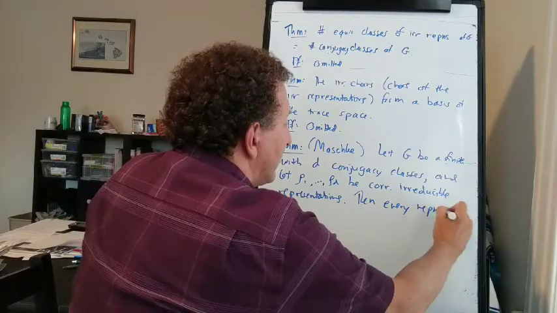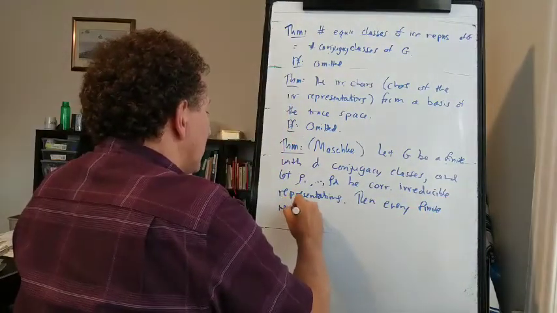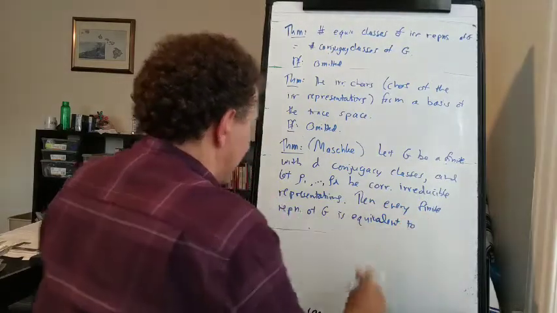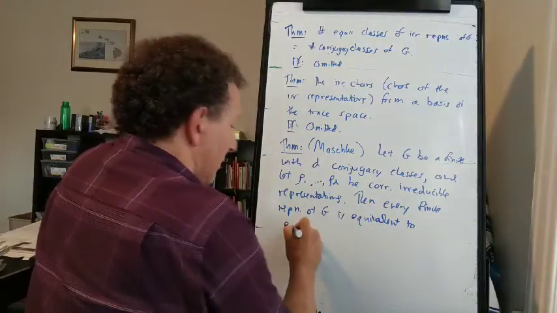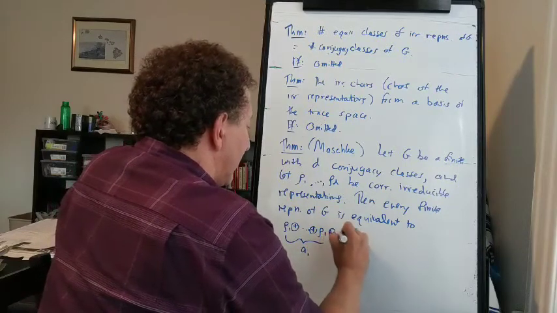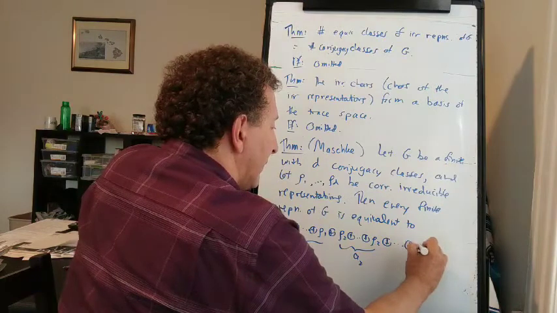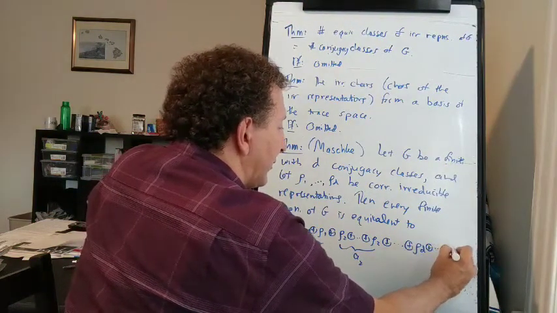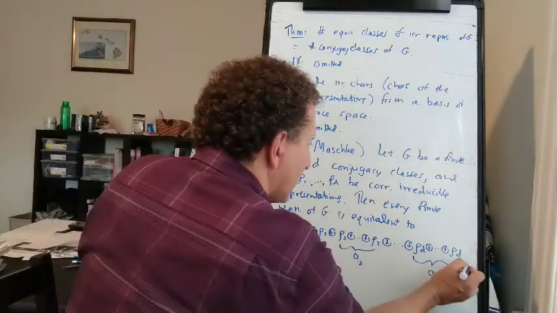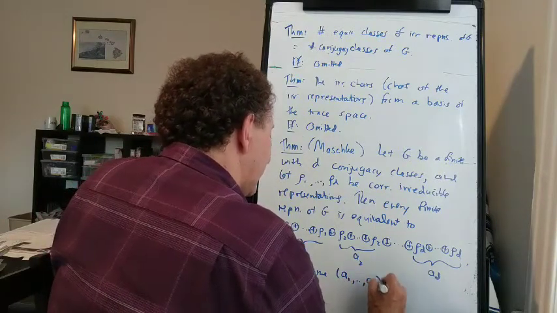So then every finite representation of G is equivalent to row 1 direct sum with itself, let's say A1 times, row 2 direct sum with itself, let's say A2 times, etc. And then row D direct sum with itself AD times, for some vector of non-negative integers A1 through AD.